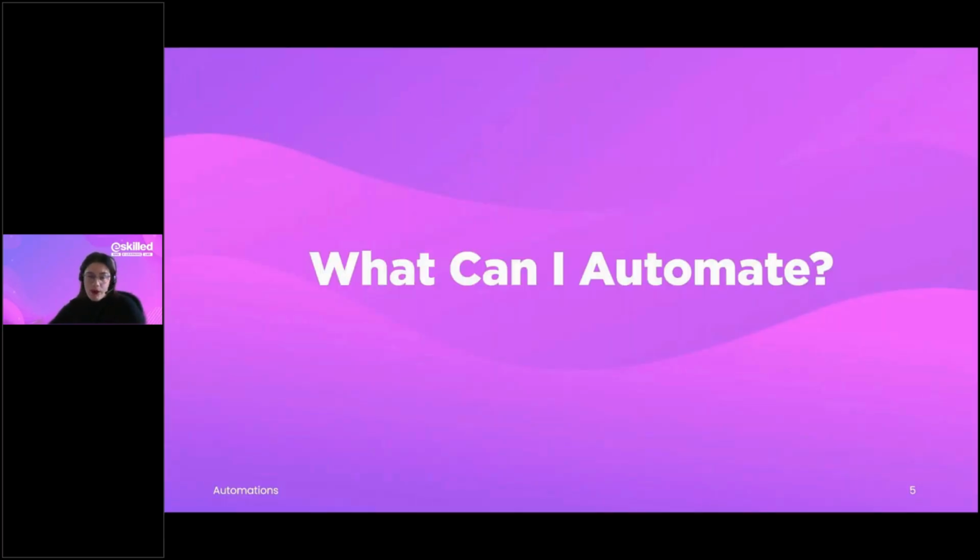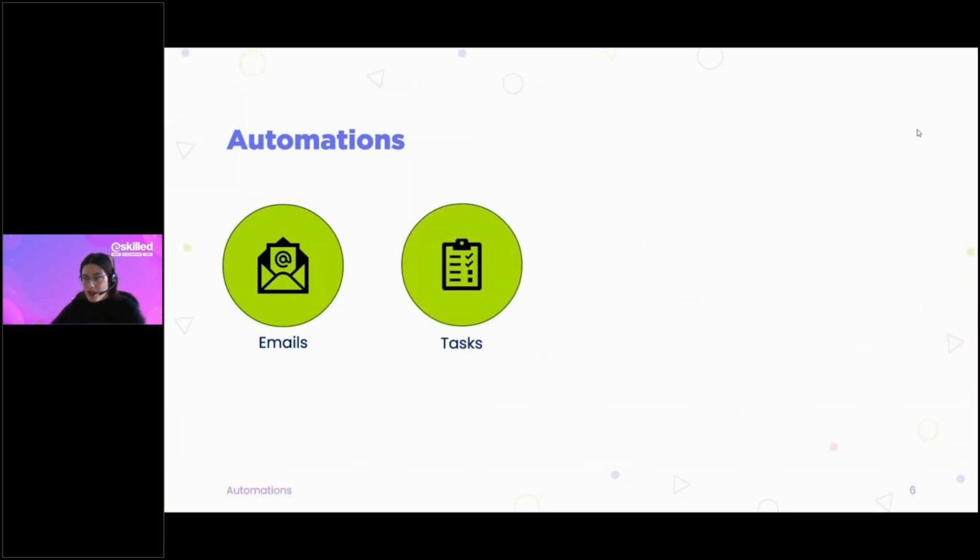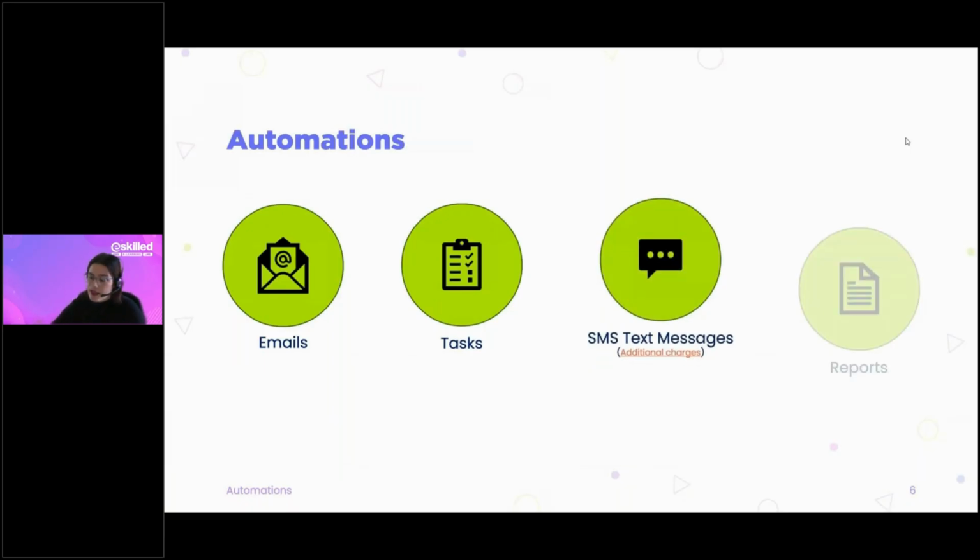So we'll start off with what can actually be automated. In case you weren't aware, there are 4 key areas that automations allow you to automate. So of course, we've got emails, tasks, SMS text messages, and reports.